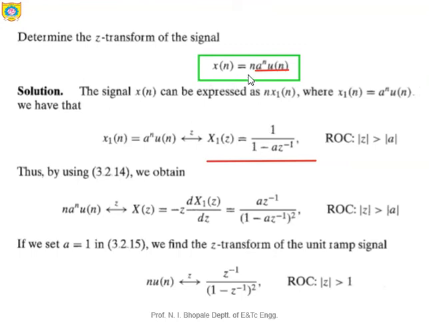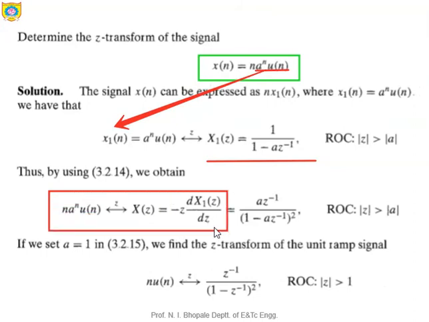But what about the n times x of n? So if I assume this is x1 of n and this is n, then n times x1 of n, for this we do have one of the properties, that is the differentiation property. So this is the property: minus z d by dz of x1 of z. So for this, x1 of z is already calculated over here.